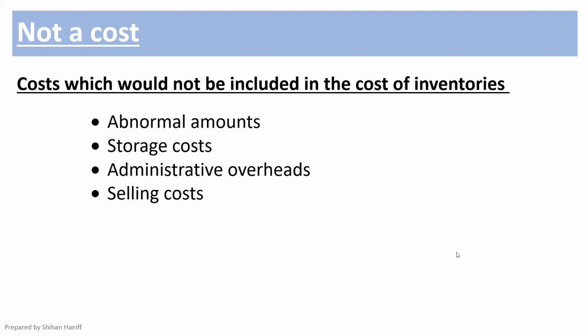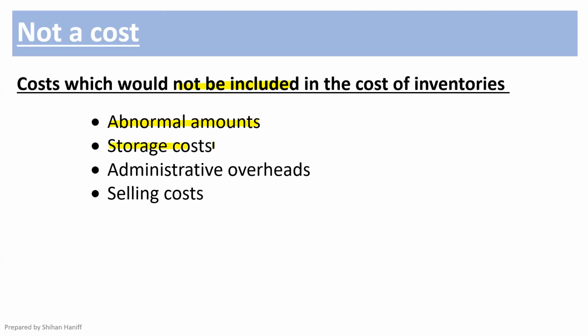Example: abnormal amounts, abnormal expenses, right? Not your normal cost, abnormal losses. Right? Suddenly there is a fire, inventory got damaged. So those we don't include in the cost.